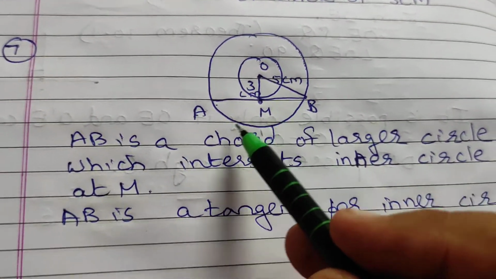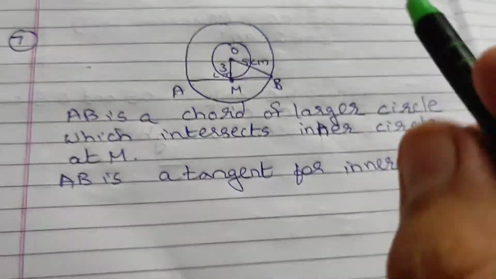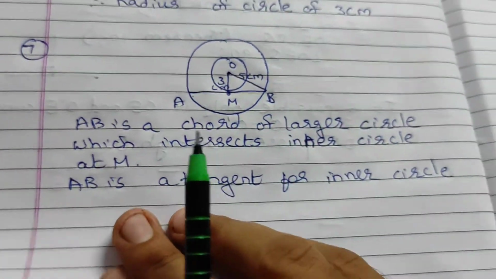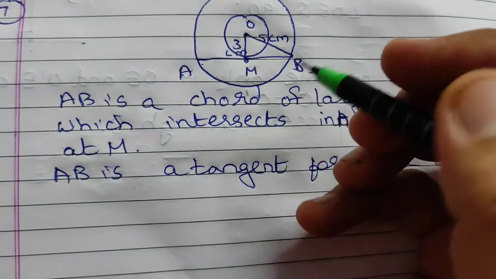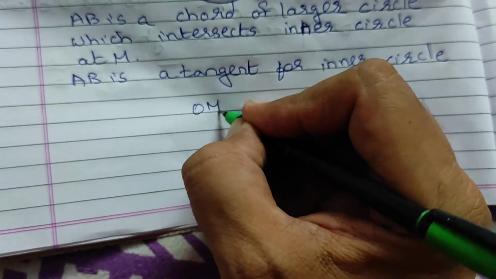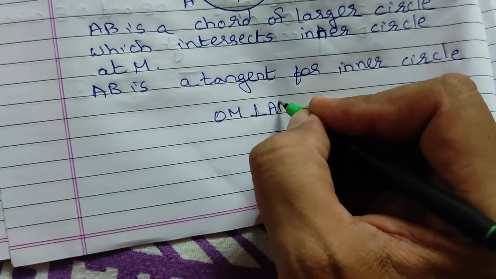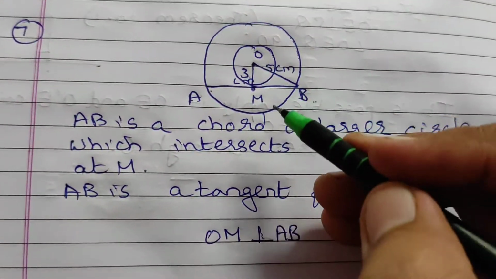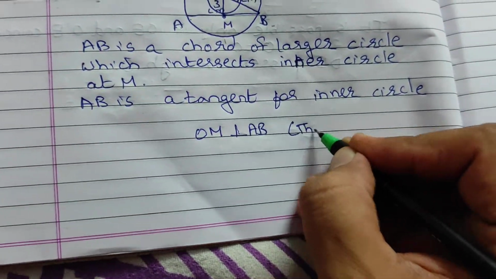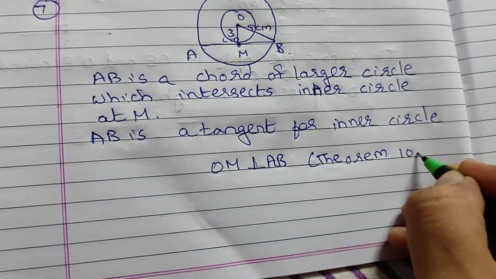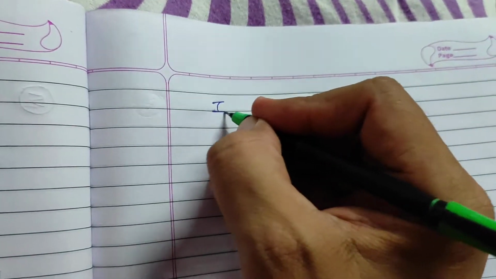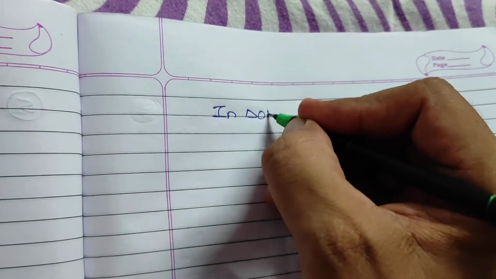Okay, now because AB is a tangent for the inner circle and OM is the radius, according to the first theorem, theorem 10.1, OM is perpendicular to AB. So OM perpendicular to AB, right? According to theorem 10.1. Now let us apply Pythagoras theorem in triangle OMB. In triangle OMB, angle M is 90.